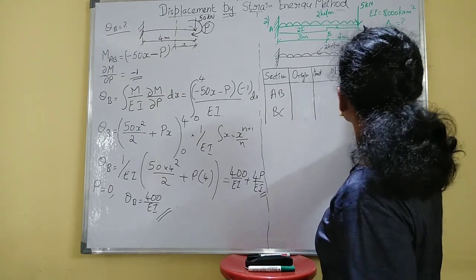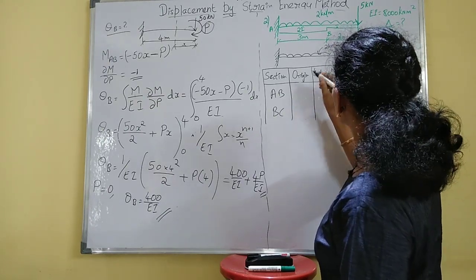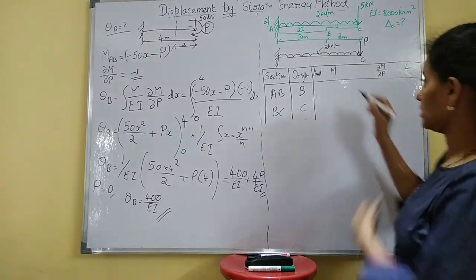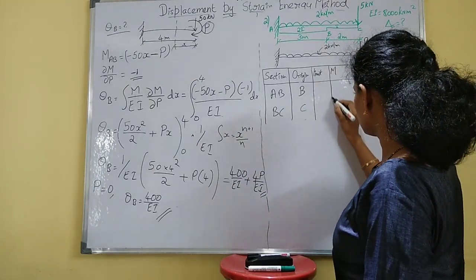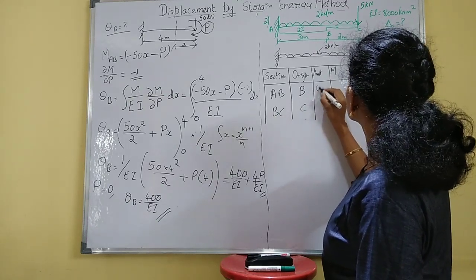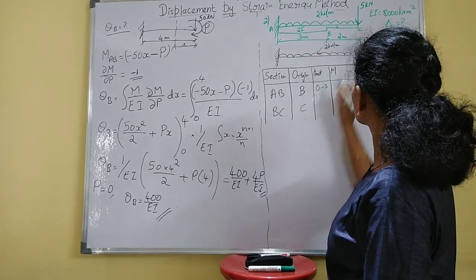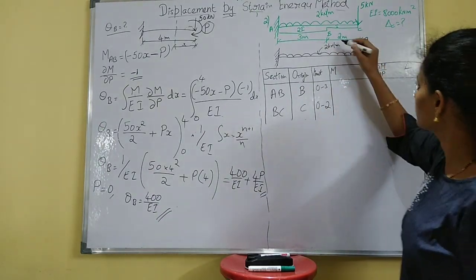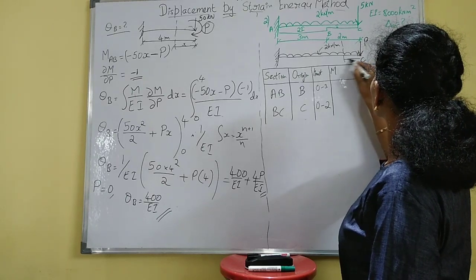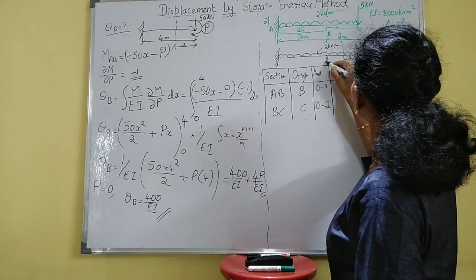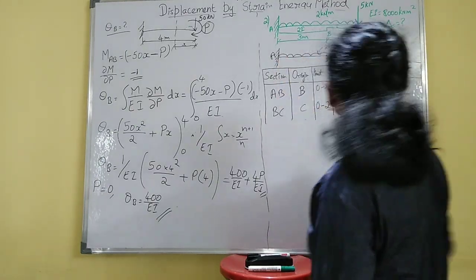Origin: for AB you have origin B, for BC origin C. Limit: AB is 0 to 3, distance is 0 to 3, BC is 0 to 2. This will be X, and this is B, C, A.